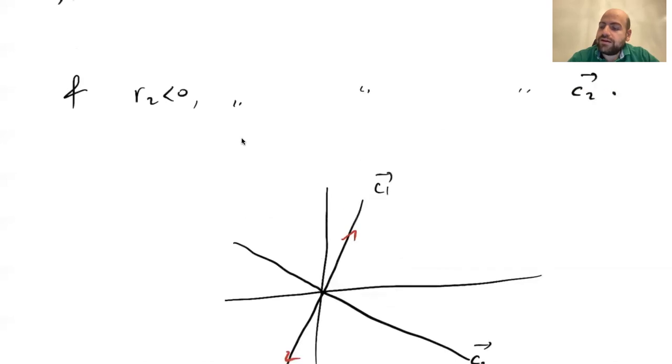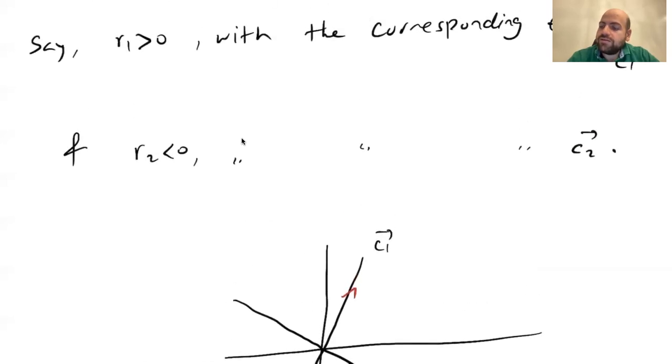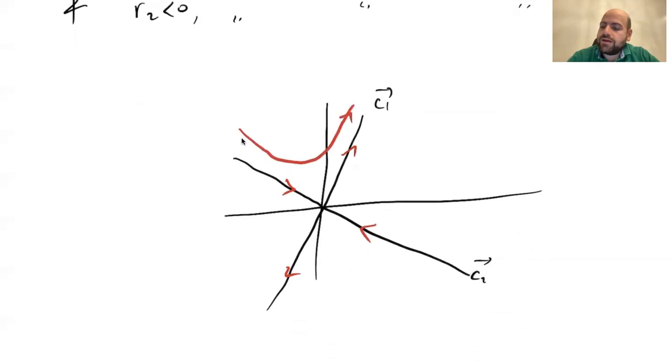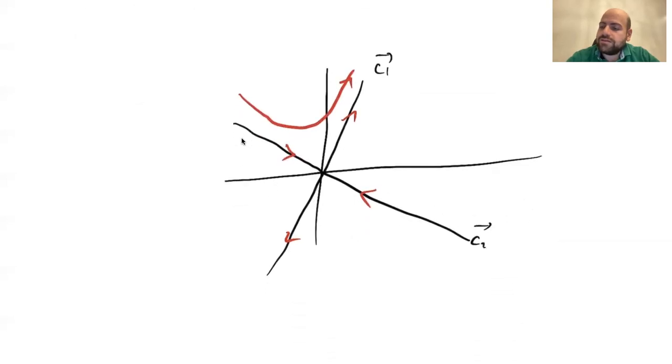C2 is an eigenvector with corresponding eigenvalue R2, which is negative, so we'll get closer and closer to origin. And in between, the graph looks like this.